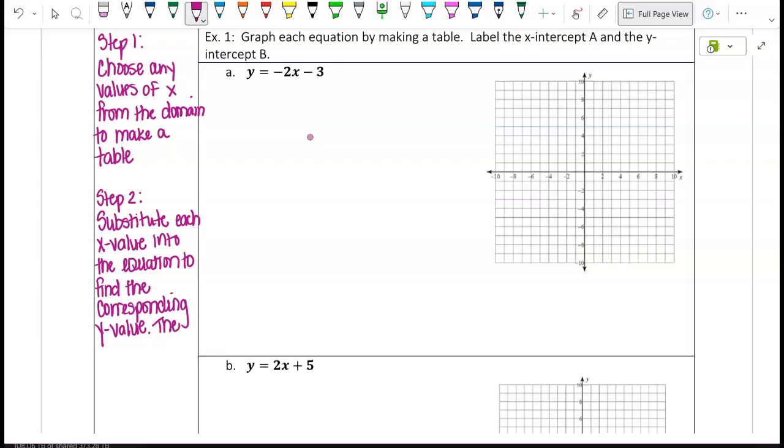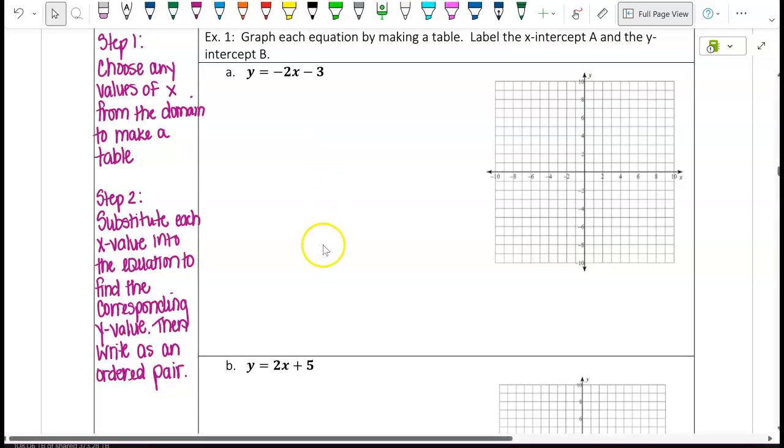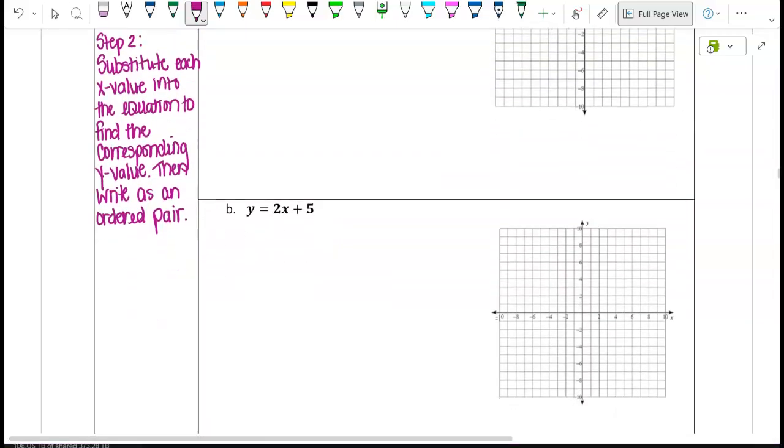Then write as an ordered pair. And then step 3, graph the ordered pairs and connect them with a line.